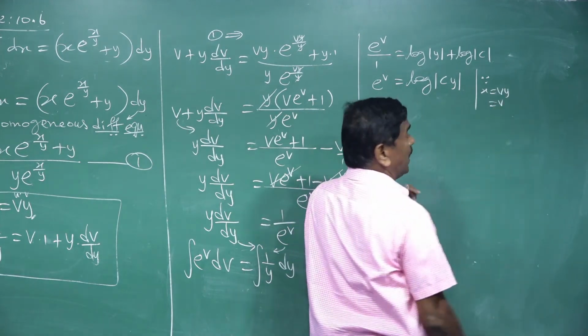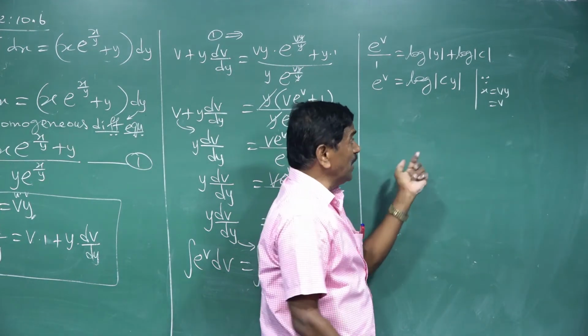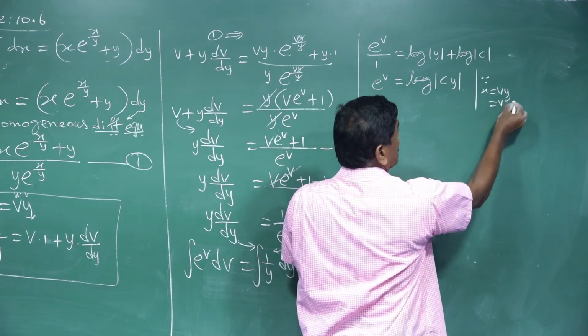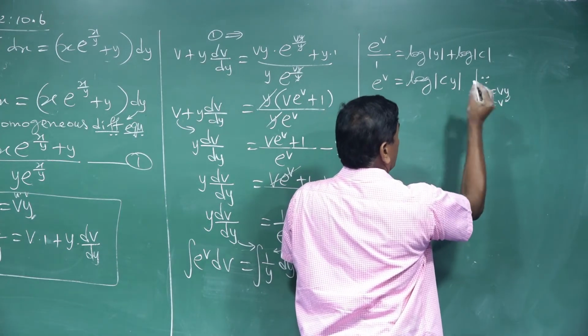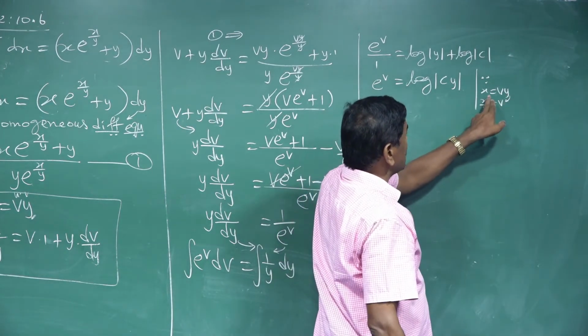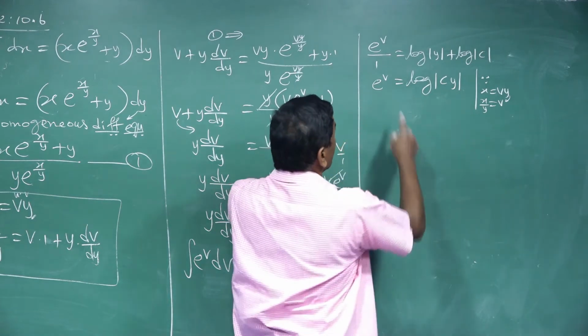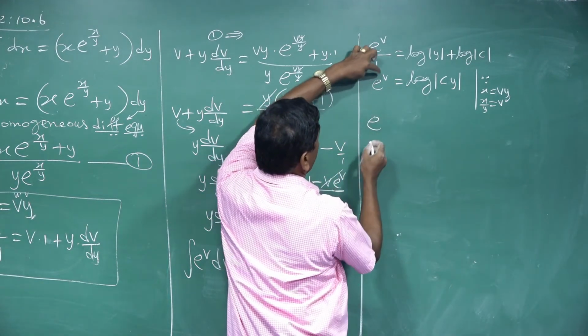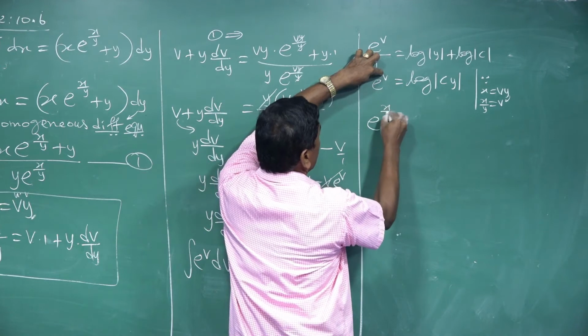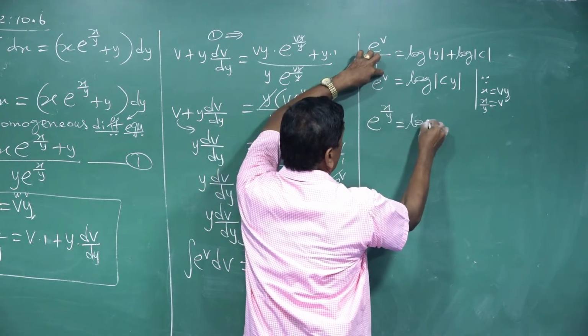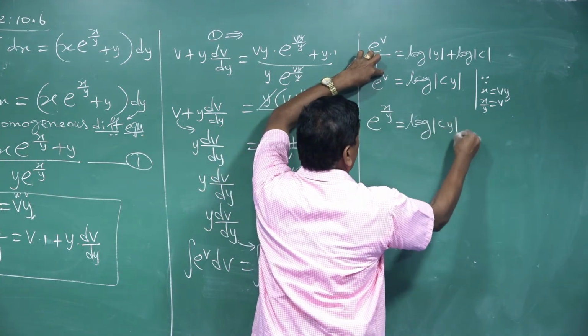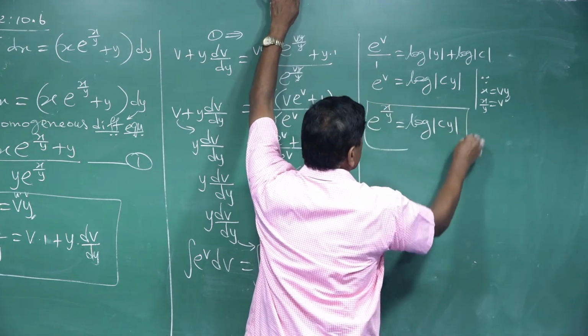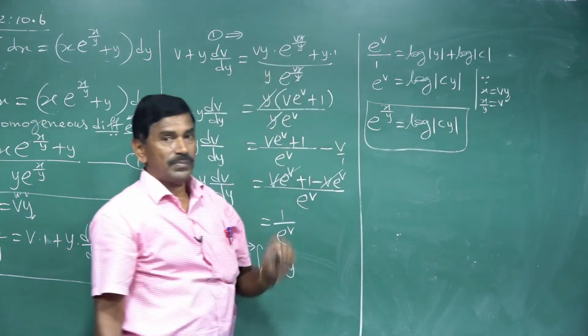Now make v equal to something: y comes to the left side, so v is equal to x by y. Put v equal to x by y. E power v, with v equal to x by y, is equal to log modulus cy. This is the required answer for the third sum.